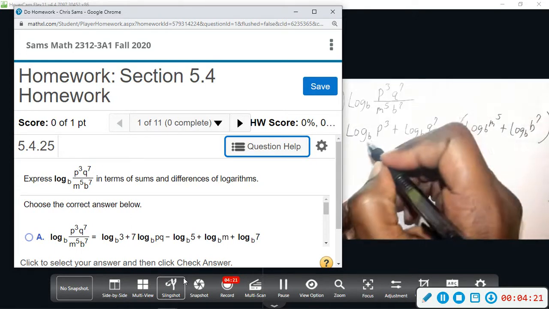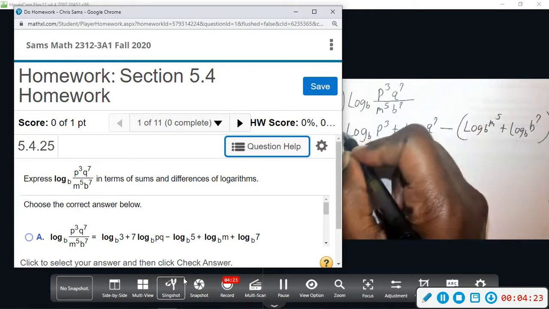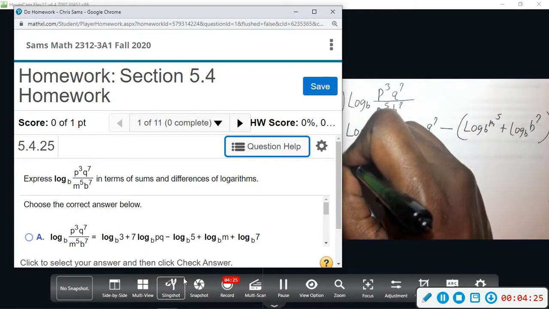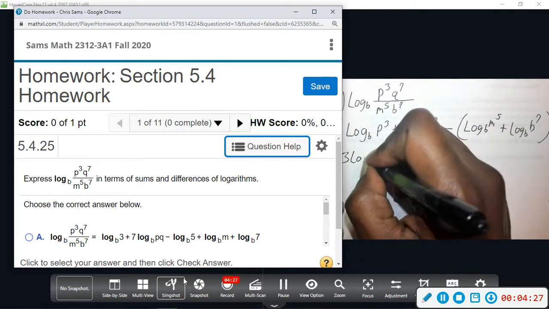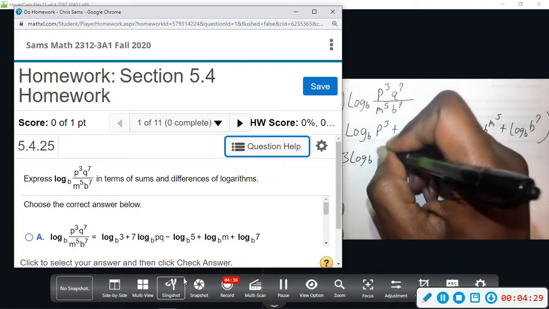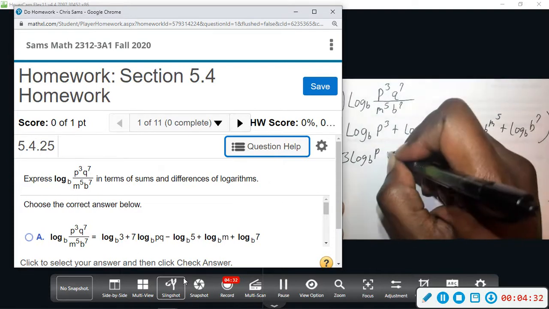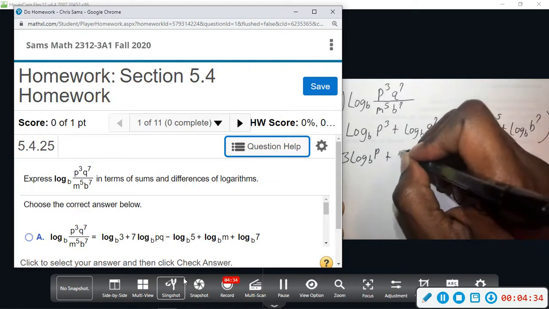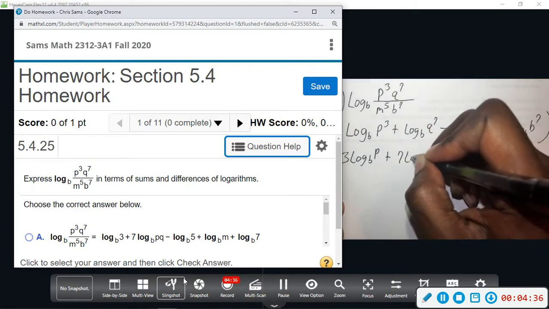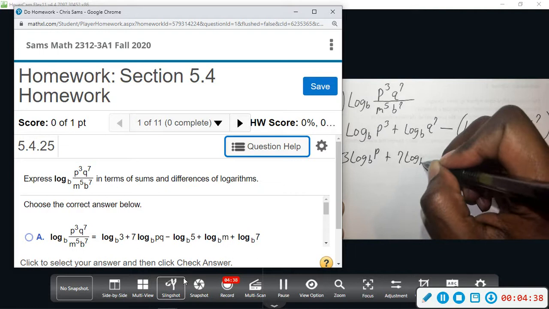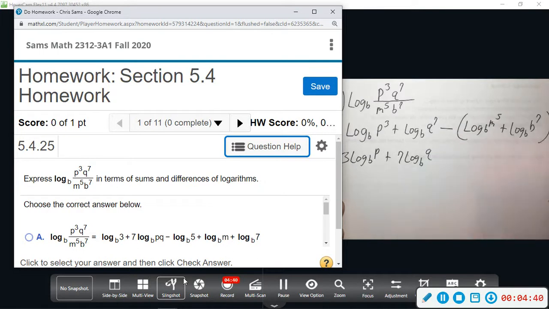Now I'm going to bring the constants out front. So this is 3 log base b of p. The 7 comes down, 7 log base b of q.